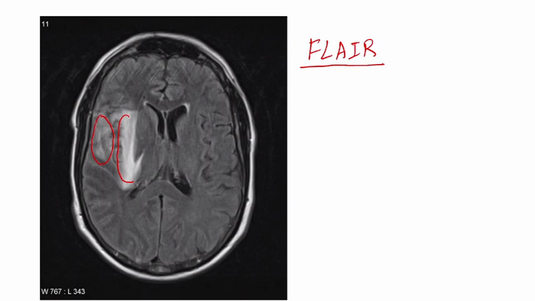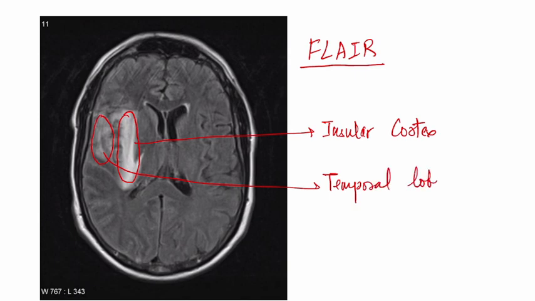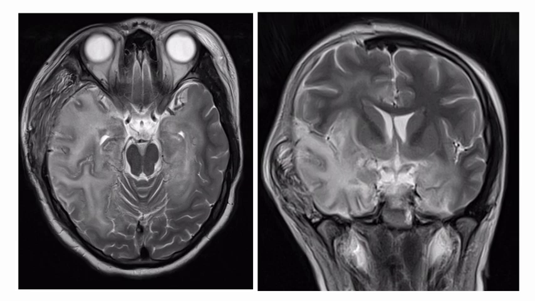This is the insular cortex, right? So insular cortex and temporal lobe are involved. These two are involved. It is suggestive of HSV encephalitis, right? Next image is this.